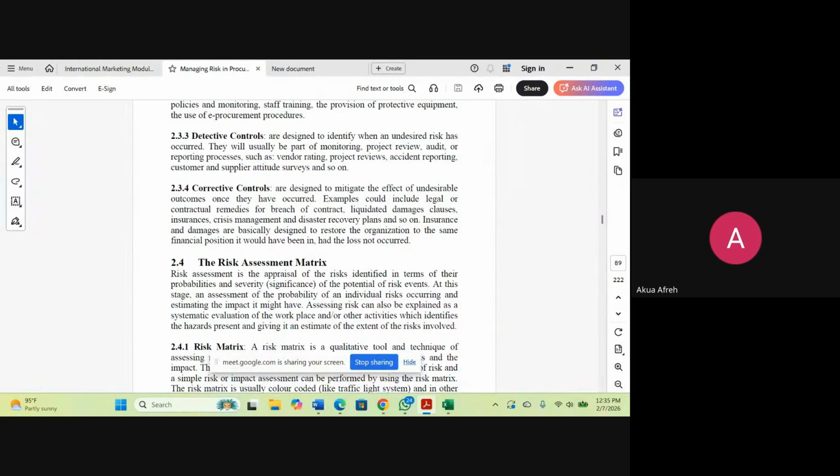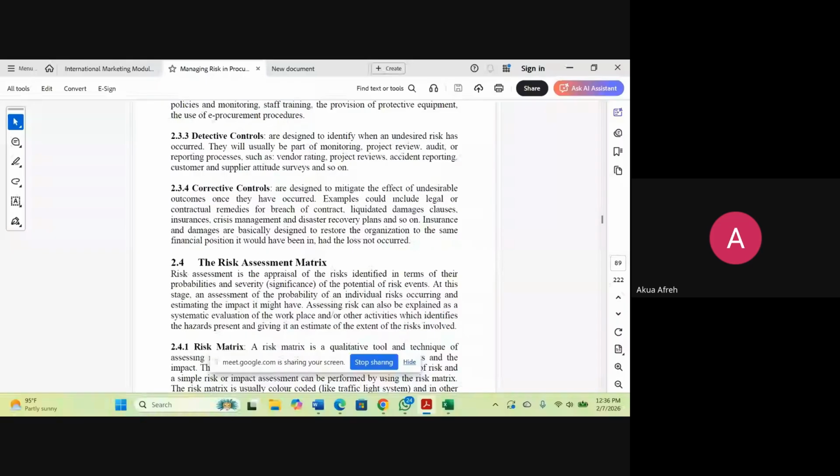Then we have the last one, the corrective controls. These controls come in after we have detected the risk or the errors or things that have already gone wrong, to mitigate it and reduce the impact after the risk has happened.